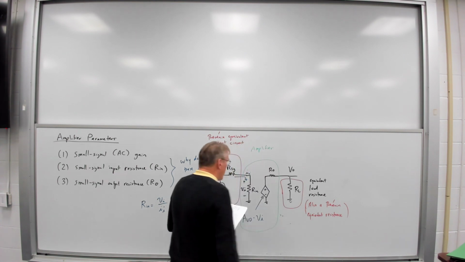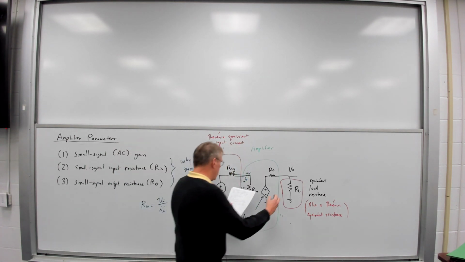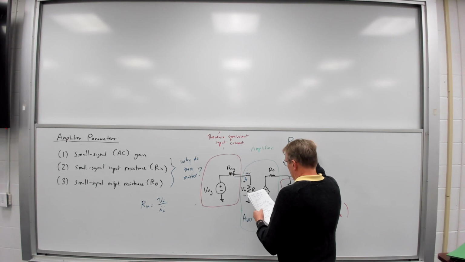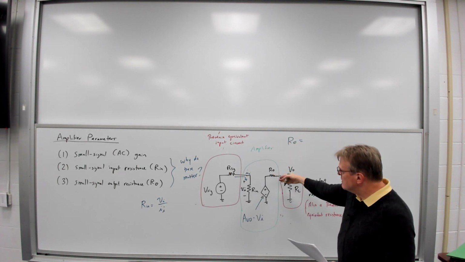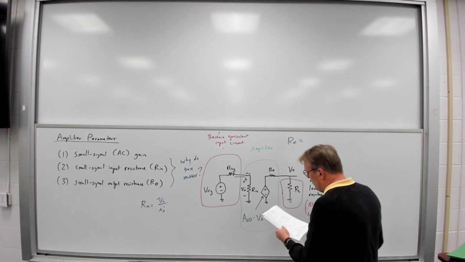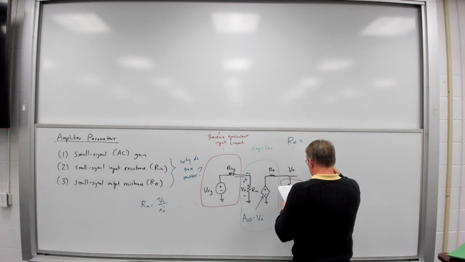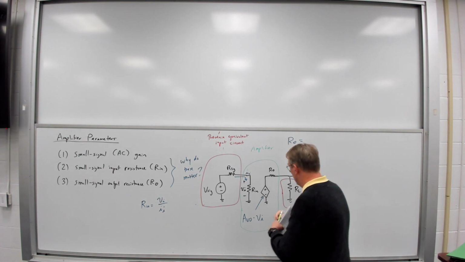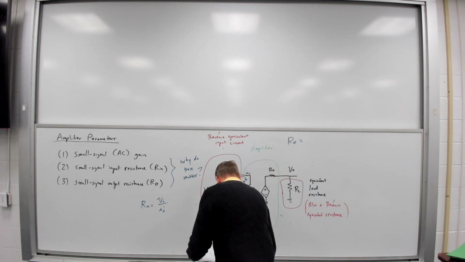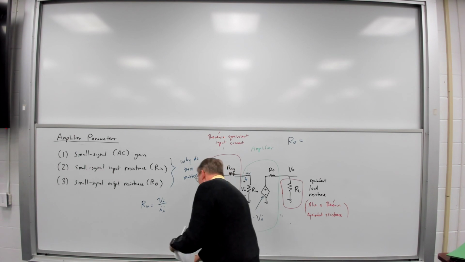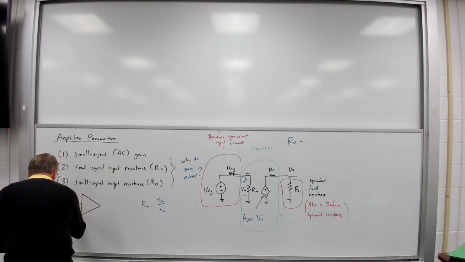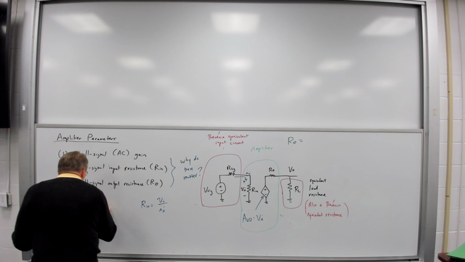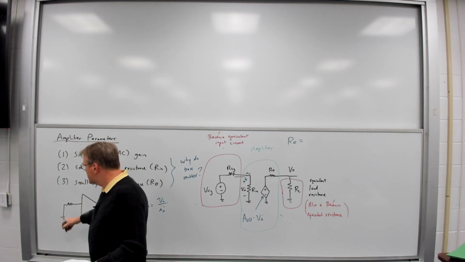What is R sub O? R sub O in this case is going to be equal to the effective resistance at the output when V sig is equal to 0. So in this case, I'm going to redraw this. Let me draw this over here. So I go back to my original circuit, and I set V sig equal to 0.